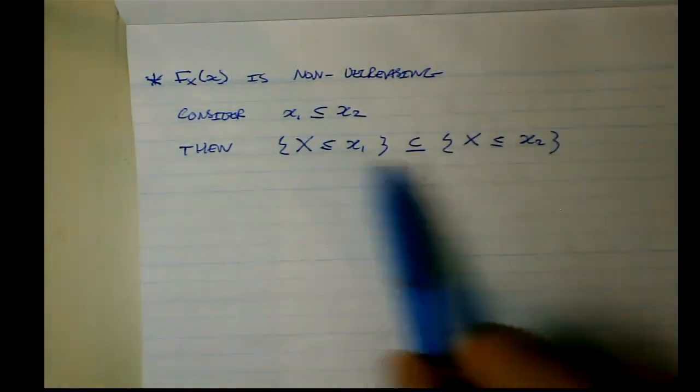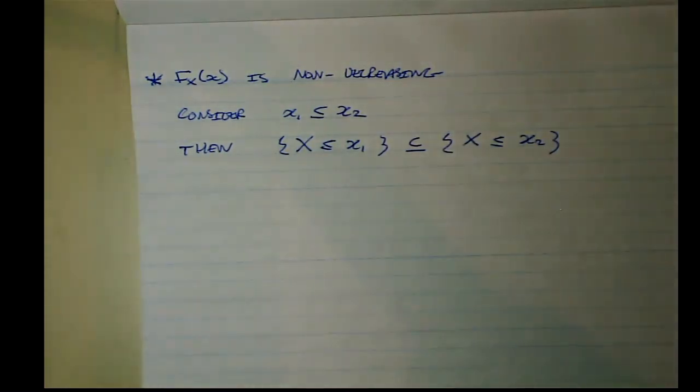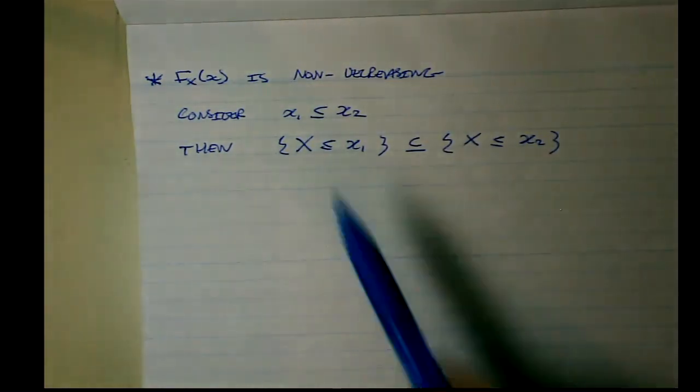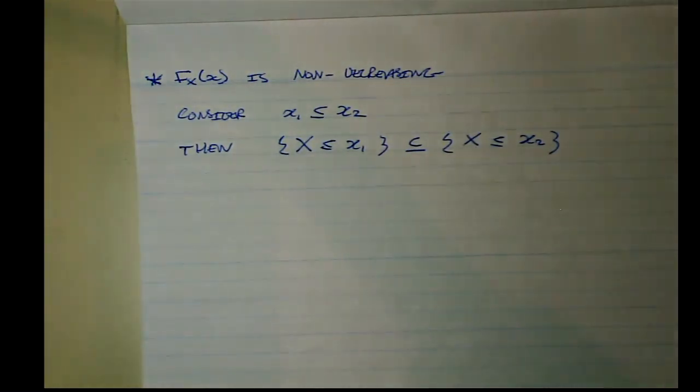These are events, and I've written the events in terms of the random variable X. This one is a subset of the other. Why? Because if X is less than x1, then clearly X is less than x2, because x2 is bigger than x1. Sorry, other way around. Anyway, they're a subset.